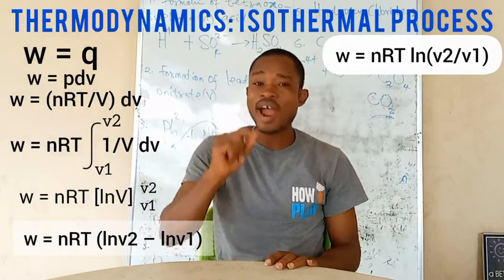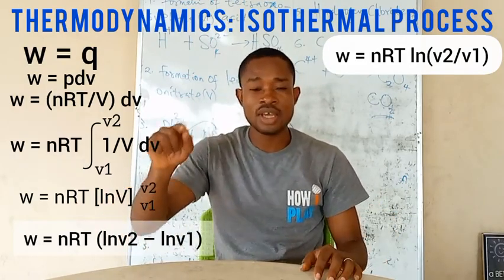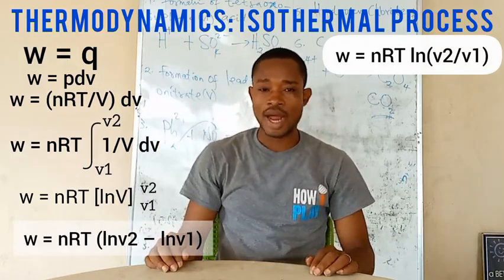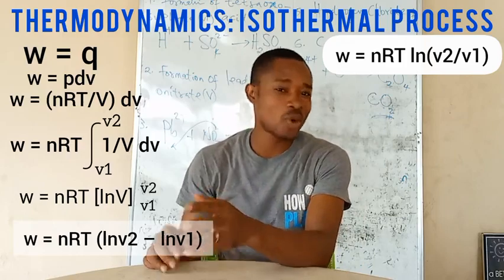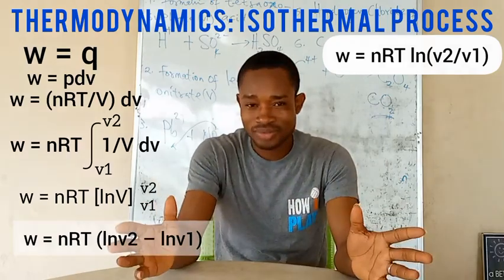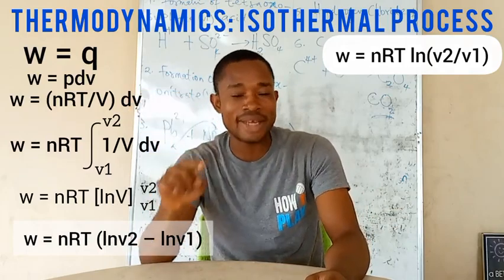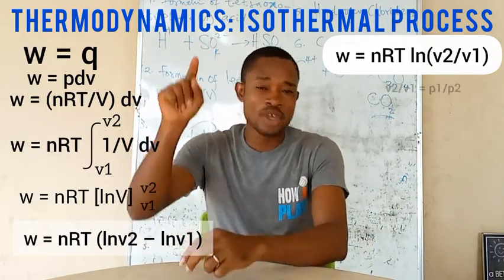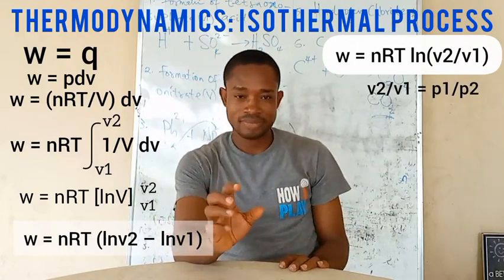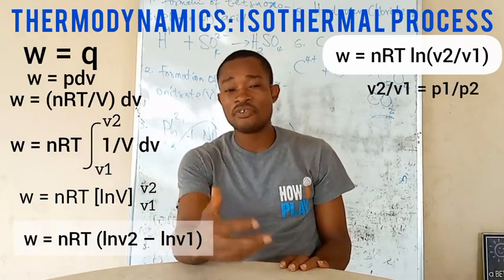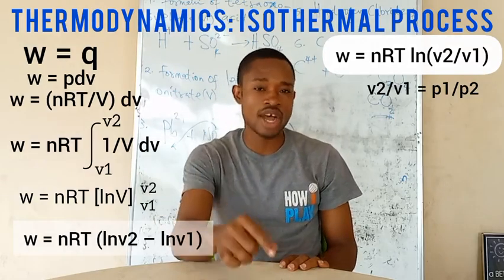Now remember, we derived W, the work done in isothermal process, to be nRT ln V2 over V1. Now according to Boyle's law, P1 V1 is equal to P2 V2. Therefore, if you do V2 over V1, we are going to get P1 over P2. Now why did I do this? I would like you to get the formula of work done in isothermal process in terms of pressure too.